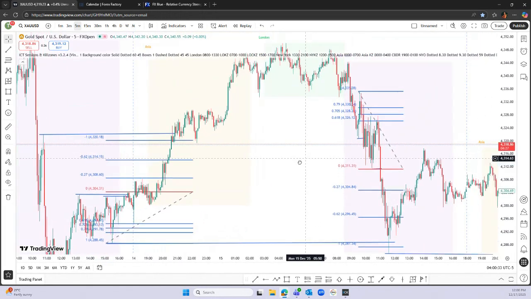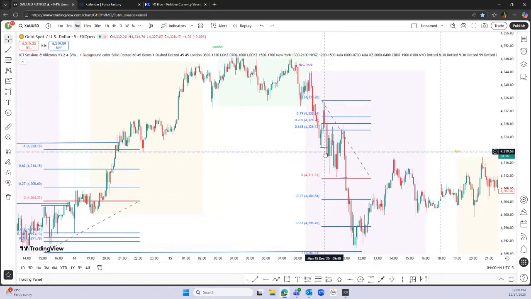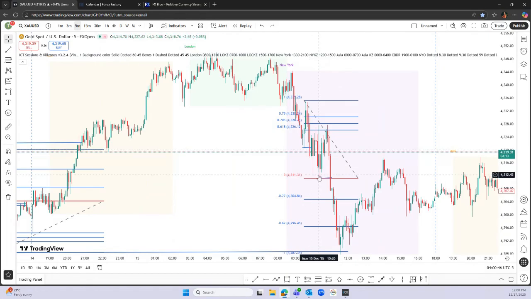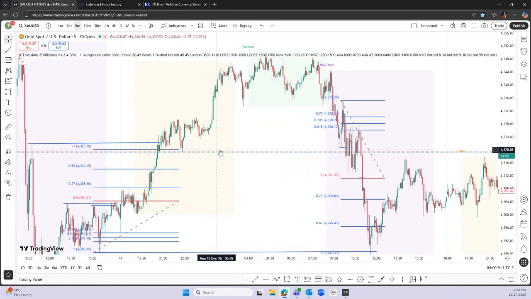In a bearish scenario, the price pushed all the way down and swept out these liquidities before the retracement. So that is very important for you to understand.